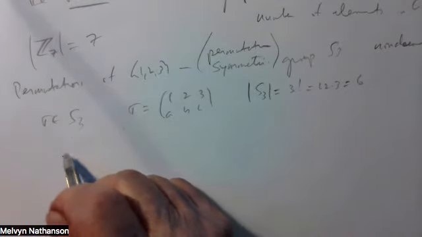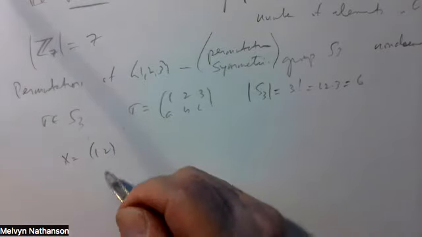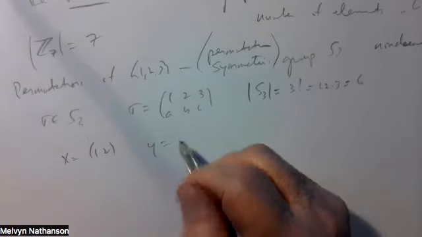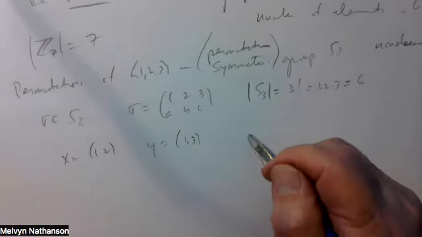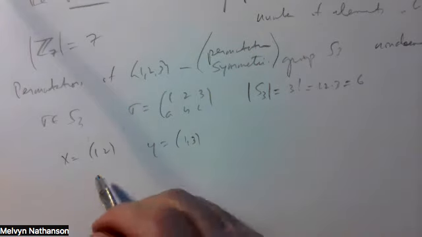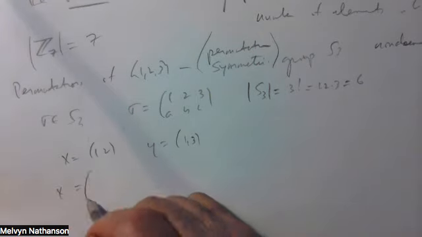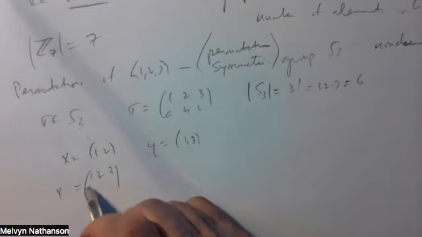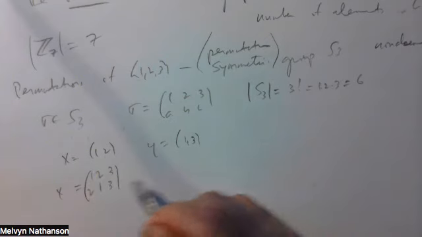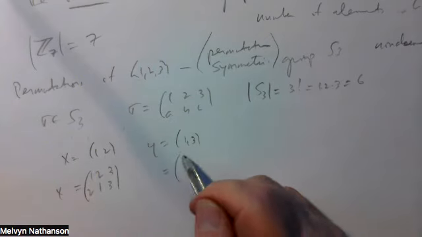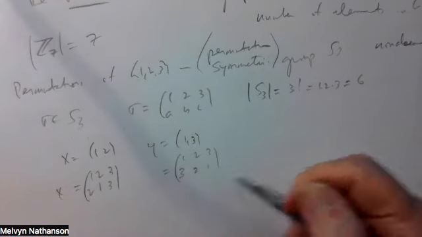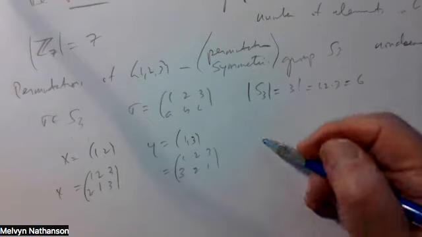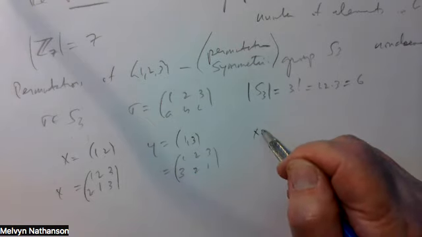So for example, suppose we take X to be the transposition (1 2), and Y to be the transposition (1 3). So this is the permutation that sends 1 to 2, 2 to 1, and 3 to 3. This is the permutation that sends 1 to 3, 2 to 2, and 3 to 1. And what is X times Y?